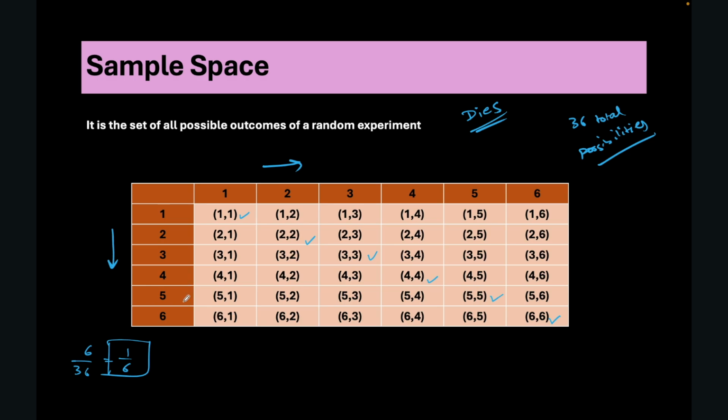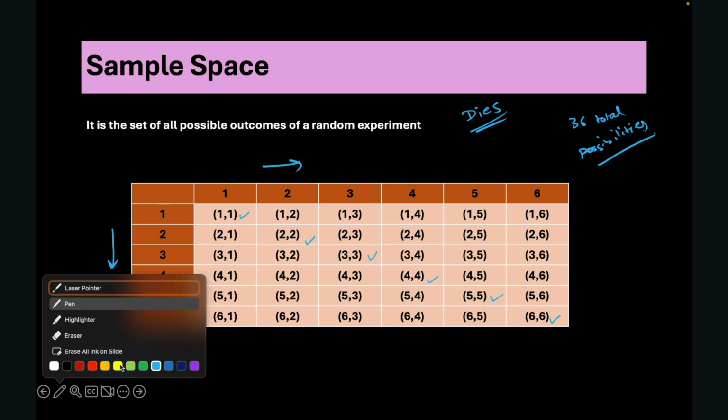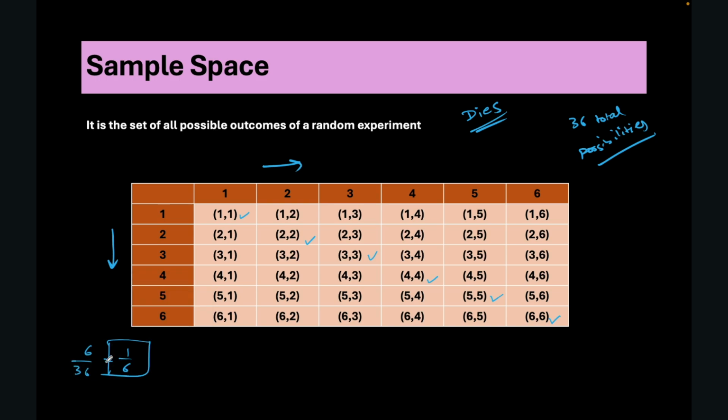Let's say, what is the probability of getting only one 2 on the face? Only one 2, right? The other can be any number, just can't be 2. Well, in that case, you have this one, this one, this one, this one, this one, this one, and all those in this row, right?